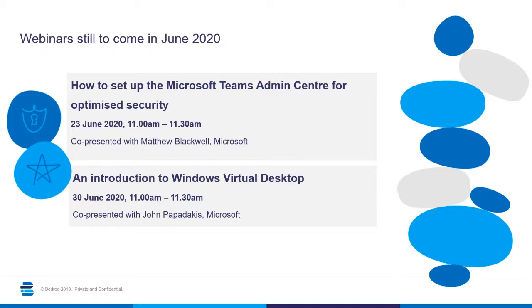Then on the 30th, changing gears a little bit, we've got another 30-minute webinar, but this time it's on Windows Virtual Desktop. Now, in many cases, organizations are using Citrix, and it's got some huge plus points, but it comes at a premium price, and it doesn't support video particularly well. And we've seen the explosion of video conference calls, video calls, etc. In this event, we'll look at how you could use WVD, Windows Virtual Desktop, as an alternative there.